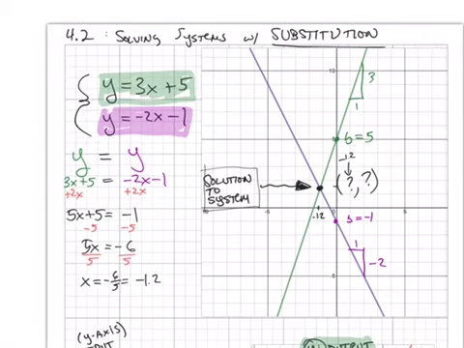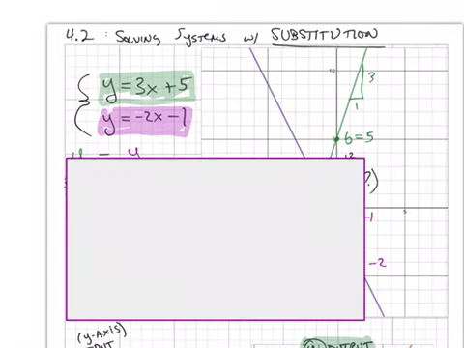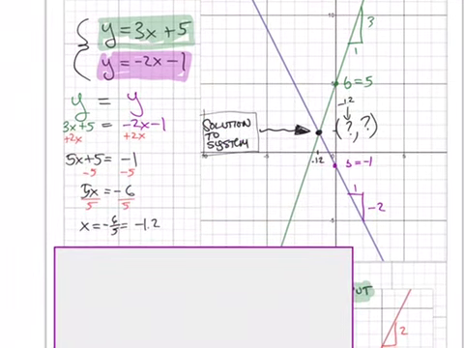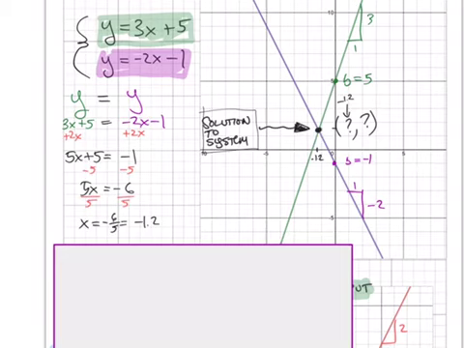Okay? So I'll go ahead and plug it into the purple equation. Did I say purple? I'll plug it into the green equation. So I have y is equal to 3x plus 5.